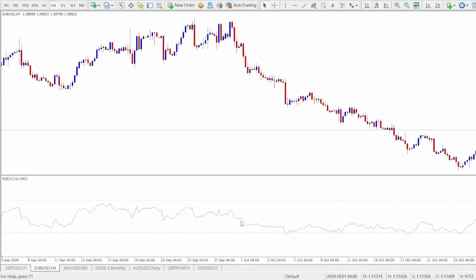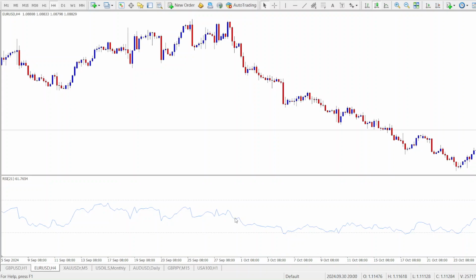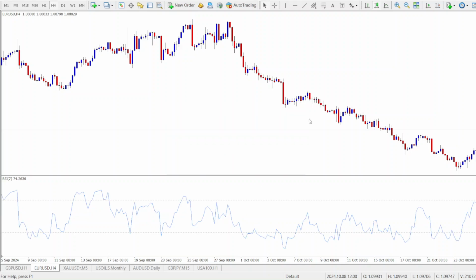For the fact that you are now using the 7 period, it means that the RSI is going to give you faster signals, so you might end up capturing trades for a couple of days. So it all depends on your swing trading approach. You can try experimenting with different values to know which one works best for you.